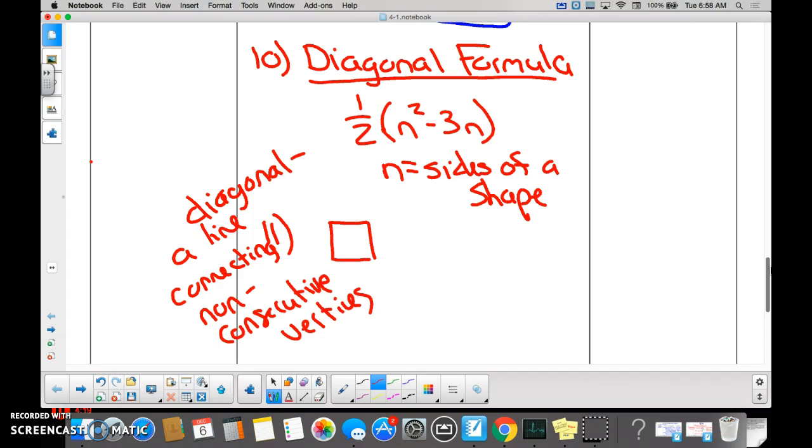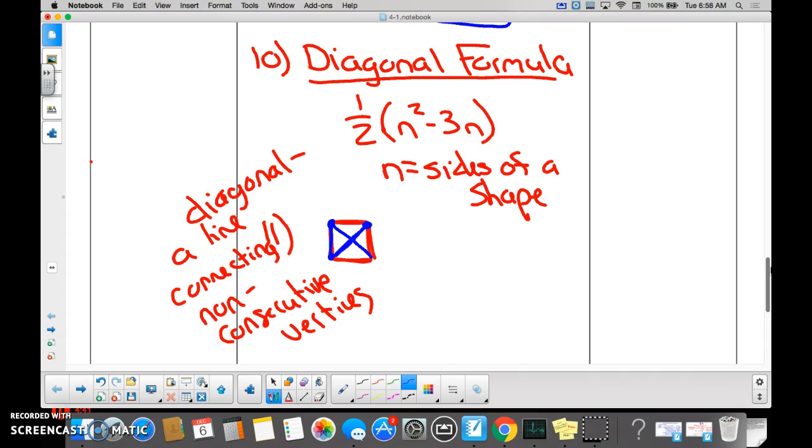So a diagonal in a square shape, so I'll draw my square again, would be here to here, here to here. Then obviously when we get over to this vertex, we already have our diagonal drawn. You can't count a diagonal when you have 2 vertices connected because that actually forms a side, and we talked about that last week.